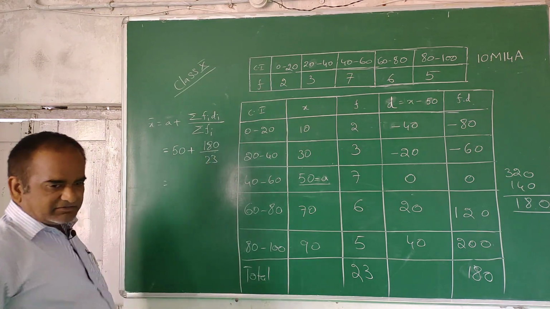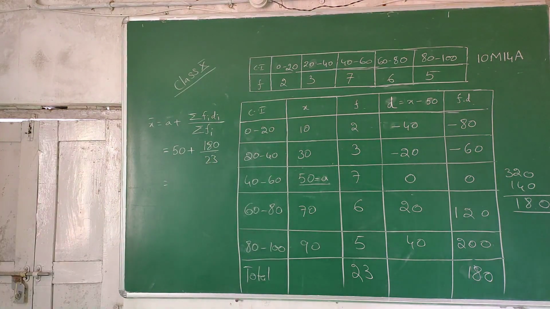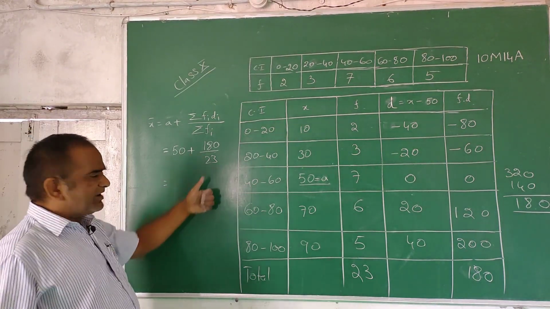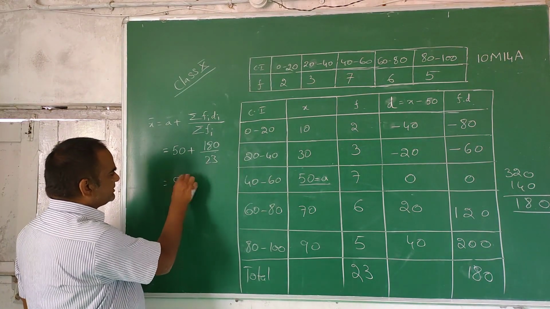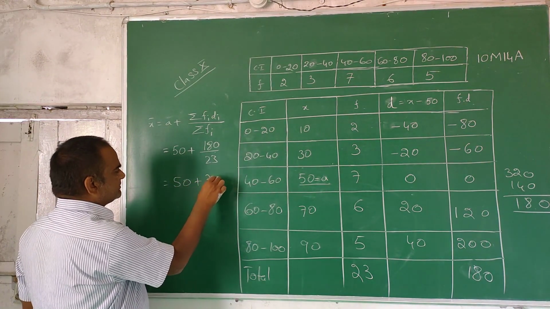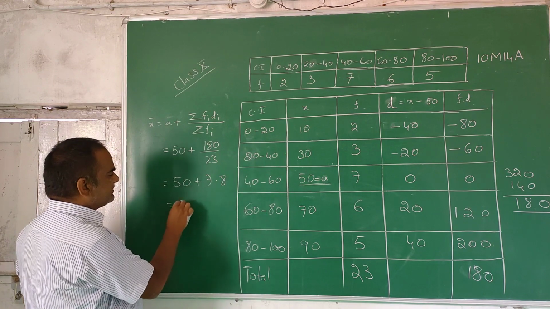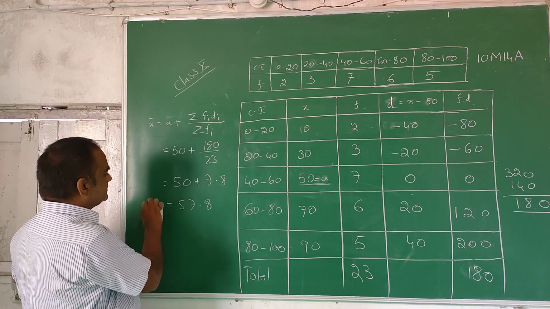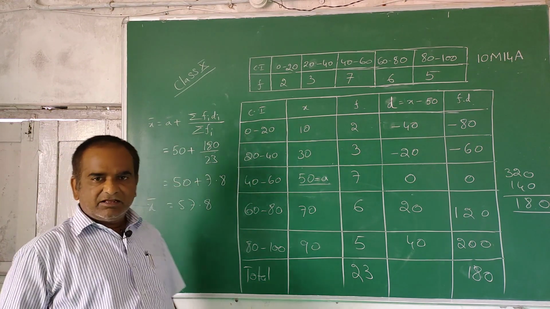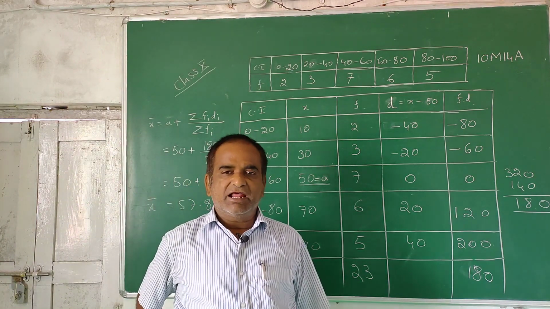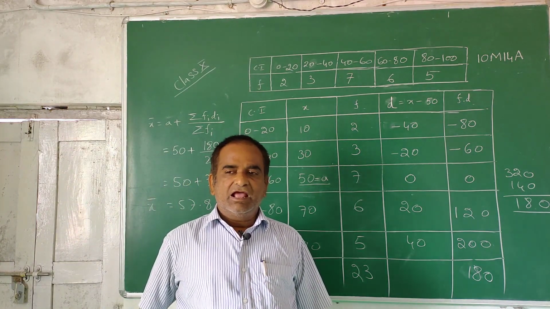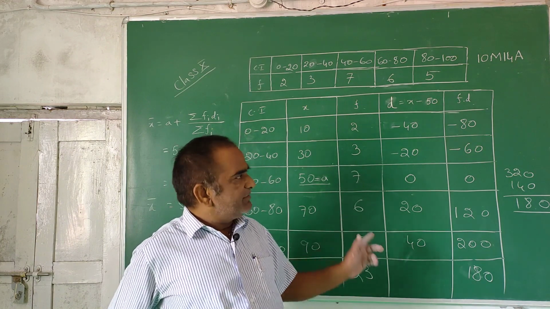Did you understand? If you divide 180 by 23, you get something like 7.8. If you add this, you get 57.8. So this is the mean of this grouped frequency distribution using the assumed mean method. Understood?